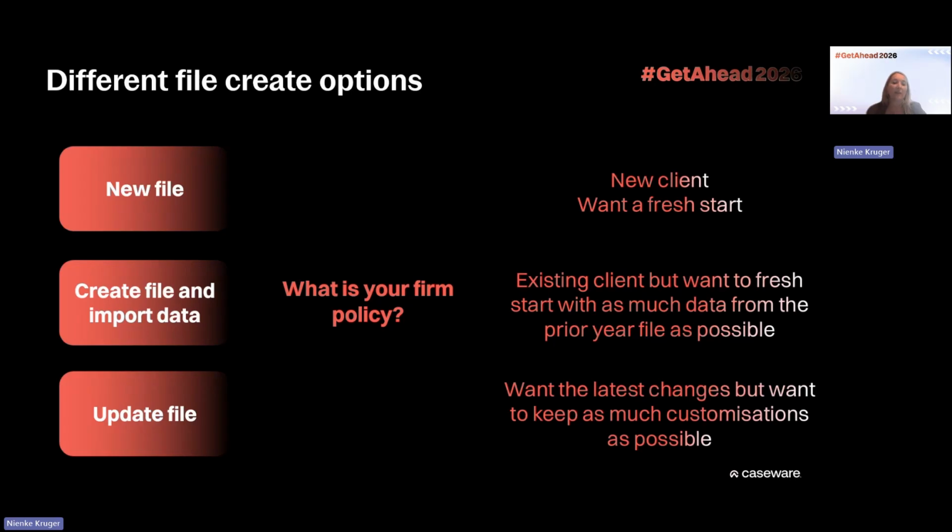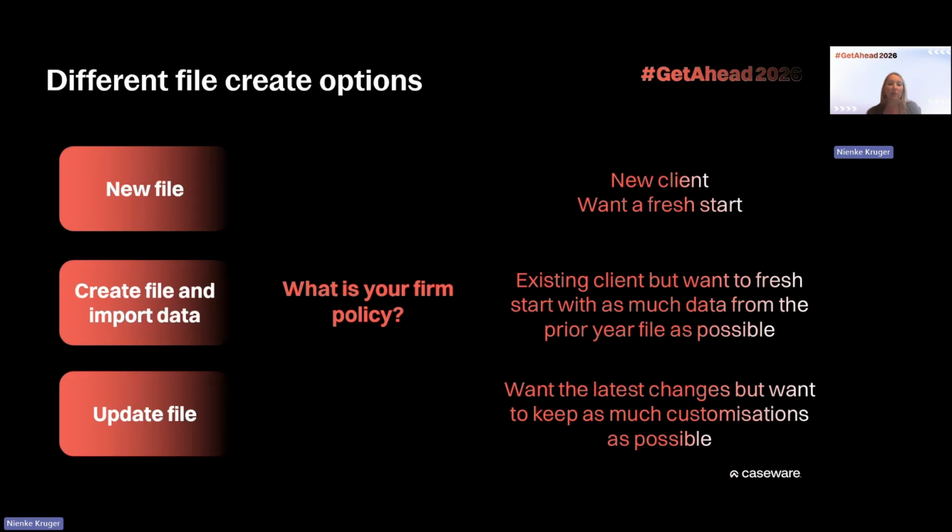And then you have the update file. So this is if you want the latest changes in, but you want to keep as much customization as possible. So the difference between the last two is if you create a file and import data, it basically takes a brand new file template and it pulls in the information from what was in your previous year file. So it pulls in your yellow cells, it pulls in your information store, it pulls in your trial balance.